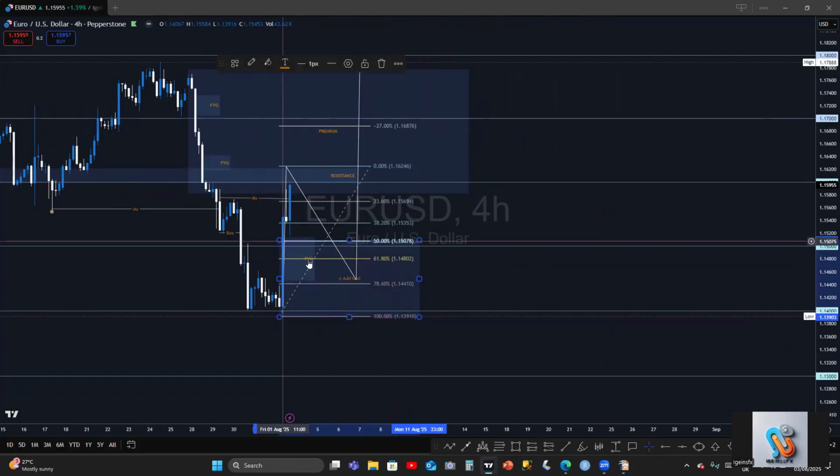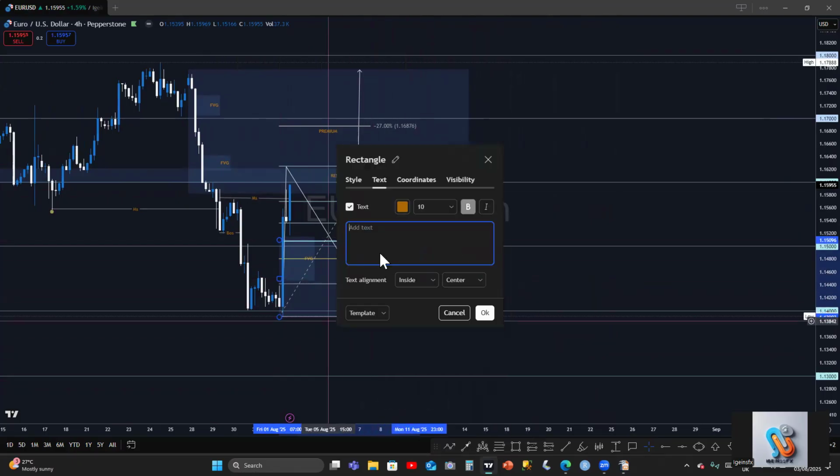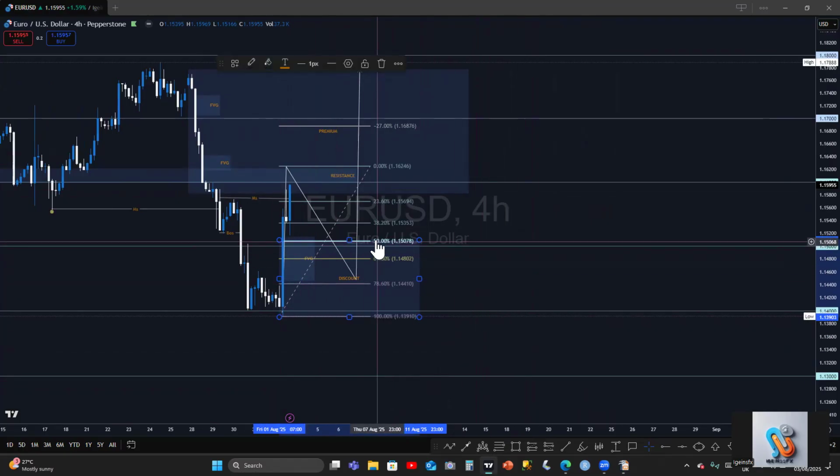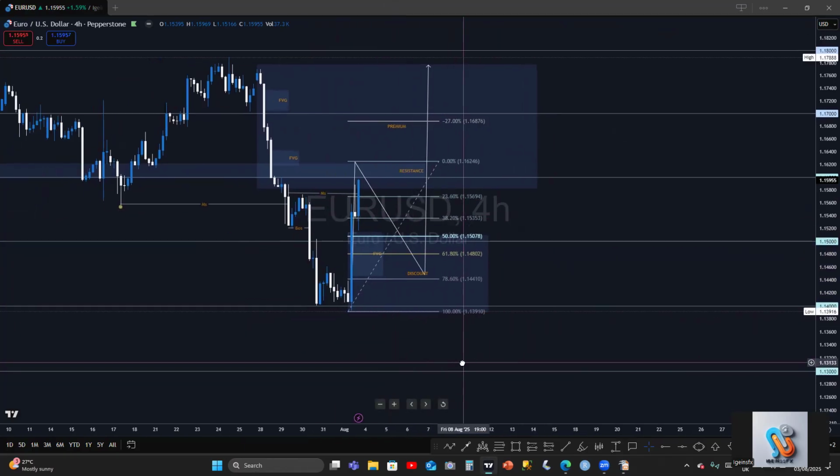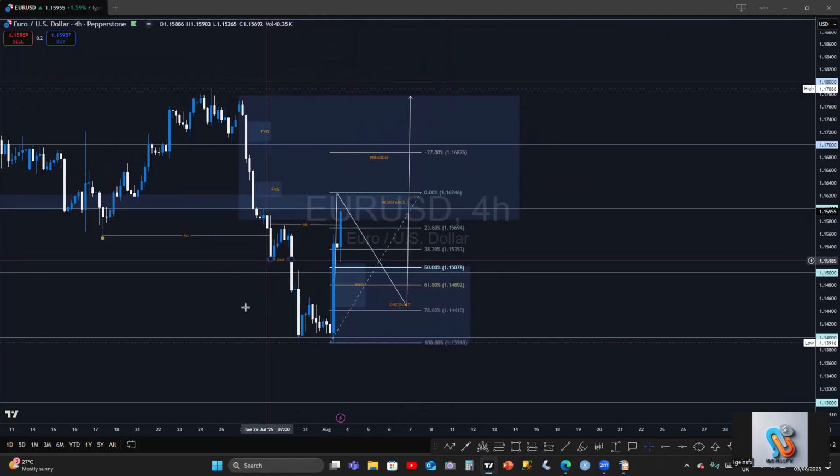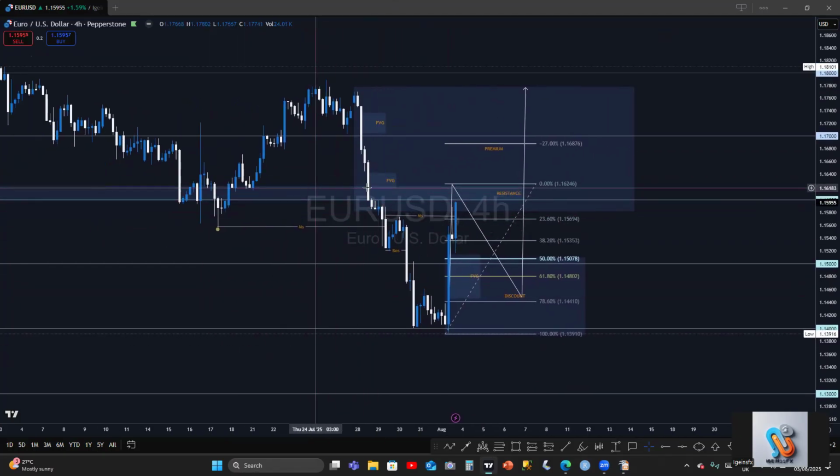A discount level is between this 50 to 100%. Wait for a pullback into this level, and once you start seeing a rejection, a reaction from here, you can join the push to the upside. So as far as I'm concerned, we'll just wait because there's an obstacle here.